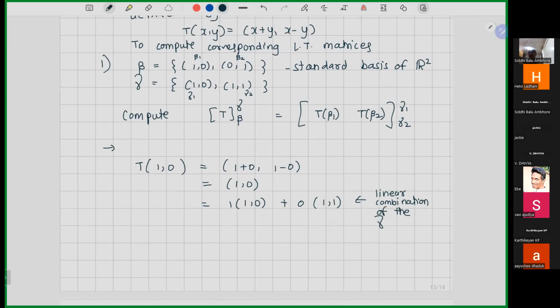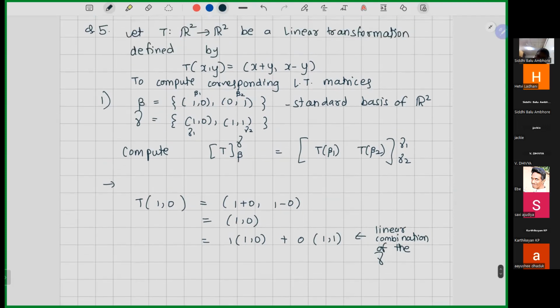Whatever image I have in W, this is the basis of V, this is the basis of W. I started with an element from the basis of V, and now I'm going to W. So this was in the basis beta 1, and now we are in W, so I will write this image in terms of the basis of W.